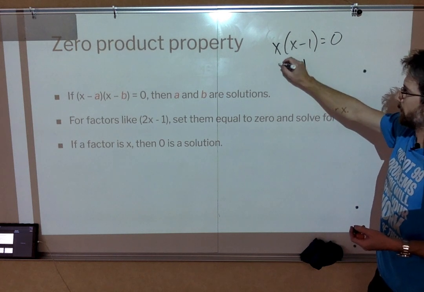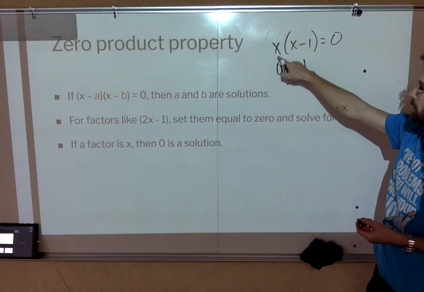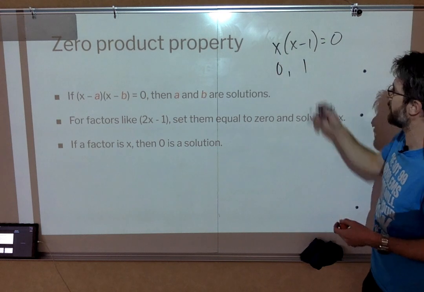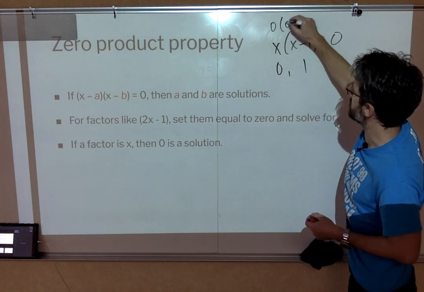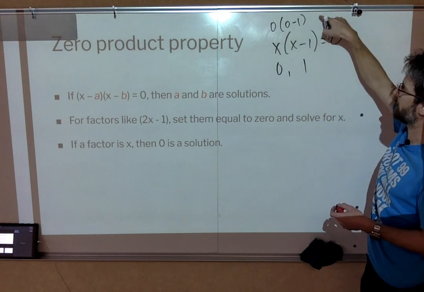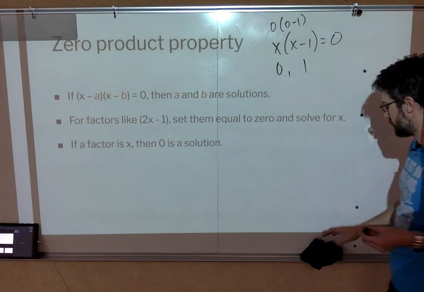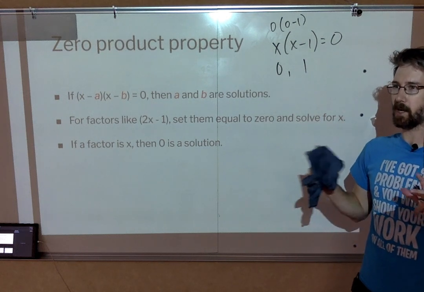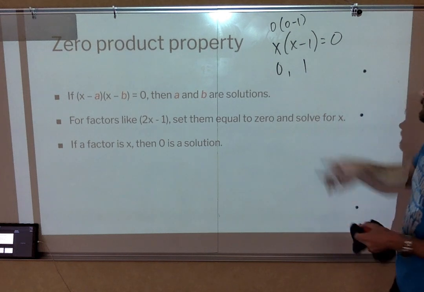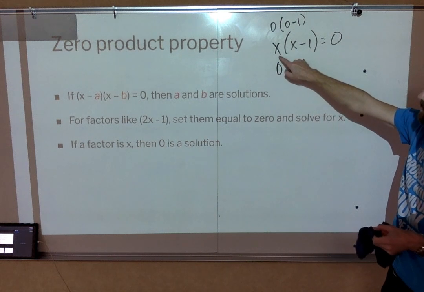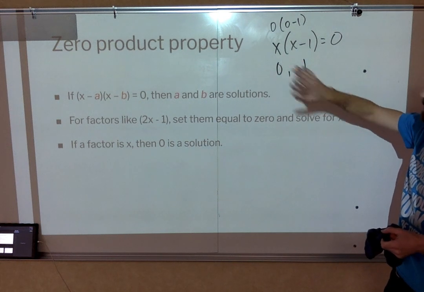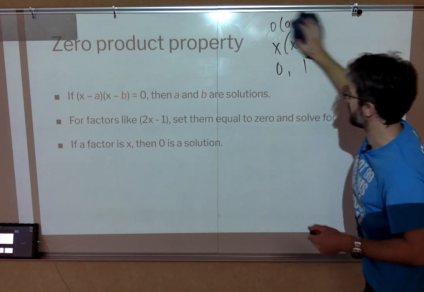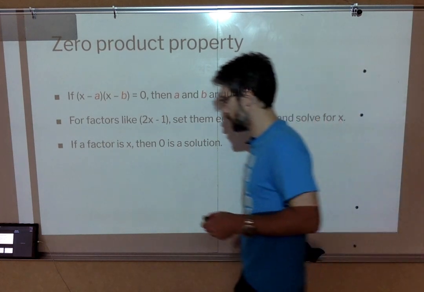But also, if x is equal to 0, the whole thing will be equal to 0, because if I plug that in, it's 0 times 0 minus 1, which is 0 times negative 1, which equals 0. That's one that students a lot of times forget. It's like the really simple one that's almost too simple where you screw it up. If x, or x squared or x cubed, is a factor where it's not plus or minus a number, that means 0 is automatically a solution.